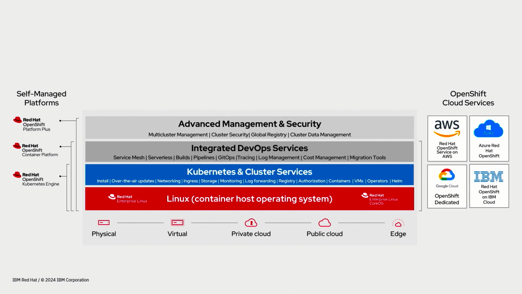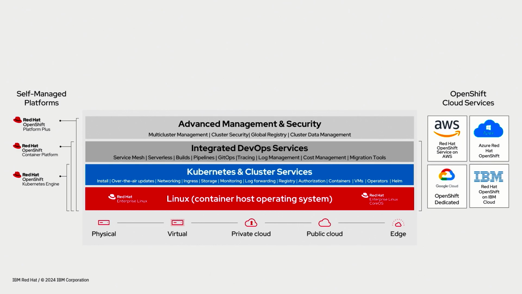And let me go a bit deeper on the different flavors of OpenShift. First, you have the line of infrastructure: physical, virtual, private cloud, public cloud, or edge. Then on top of that, you have the line of Linux, that is the OS. On top of that, you can see the first one, OpenShift Kubernetes Engine, which is Linux plus Kubernetes and cluster services.